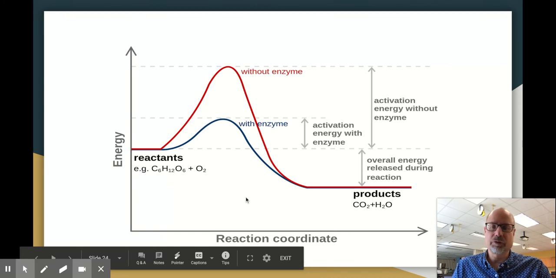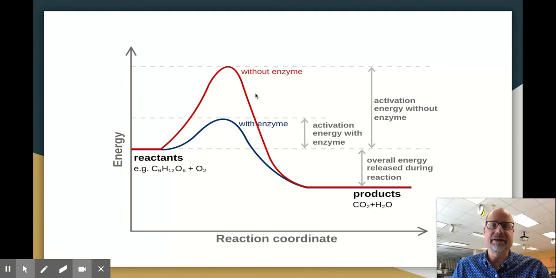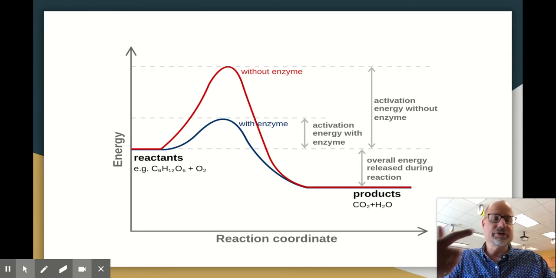Now, for every chemical reaction, there is an activation energy you have to get through to get the reaction started. It's very much like when you have to push a car and you start pushing and it's really hard, but as it starts rolling and the wheels start turning, it gets easier and easier to push the car.